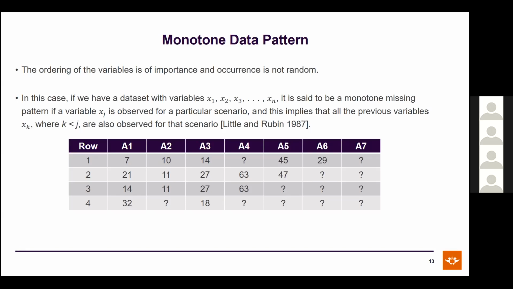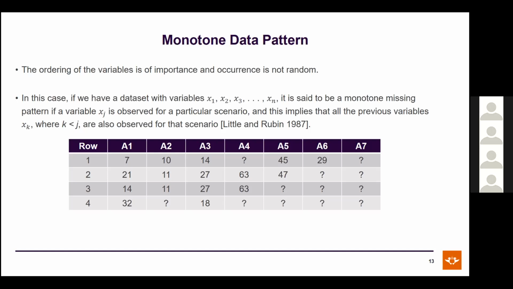So I should have actually made a change here: A2 should be observed as well for row 4, according to the monotone missing data pattern. So if A3 is observed, then A2 and A1 are also observed. That's the monotone.